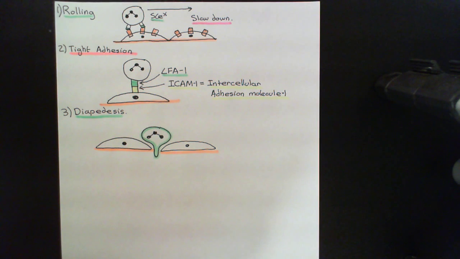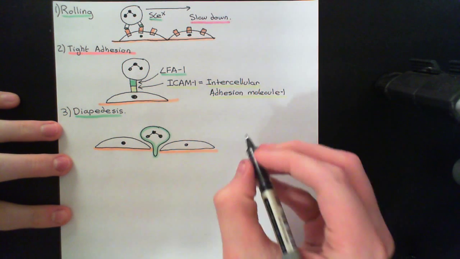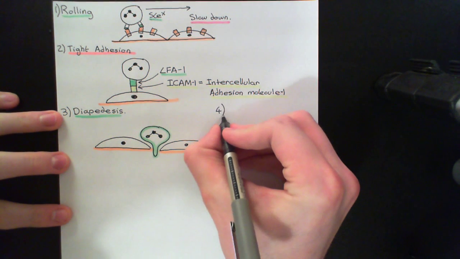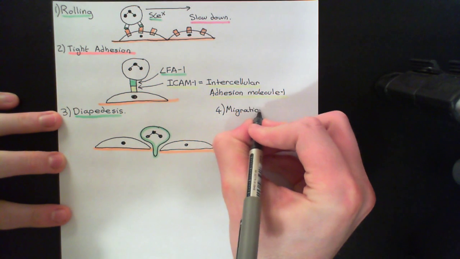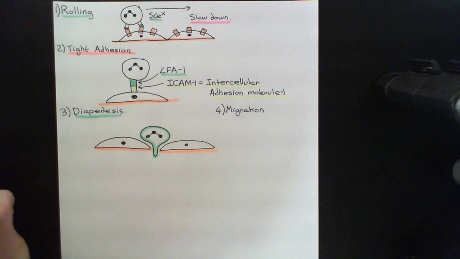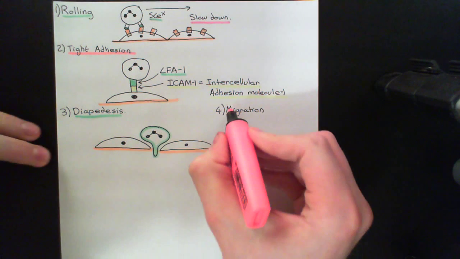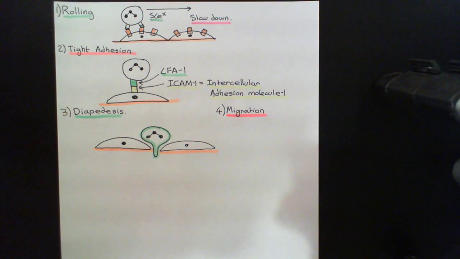So after tight adhesion has occurred, the endothelial cells will coordinate diapedesis of the neutrophil through this gap between them. Next, the neutrophil will be in the tissue fluid outside the blood vessel, and it needs to migrate towards the actual site of infection. So what will now occur is migration, and the neutrophil will migrate towards the source of the pro-inflammatory cytokines. It will go up the chemical gradients towards where there are higher levels of the pro-inflammatory cytokines, which is where they've been released from, and in that way it will find where the pathogen is present.